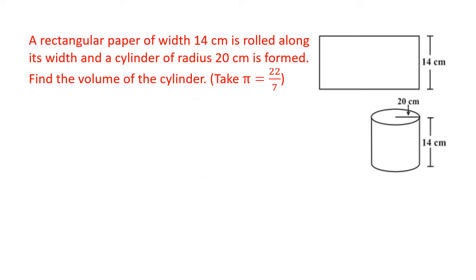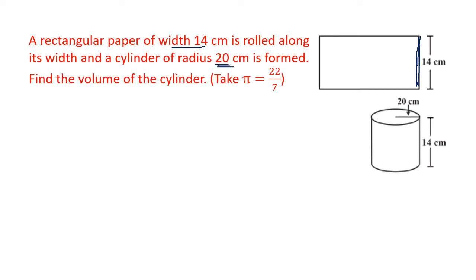Before we go to capacity, there is another sum here. A rectangular paper of width 14 centimeter. So there is a rectangular paper whose width is given here, 14 centimeter, is rolled along its width and a cylinder of radius 20 centimeter is formed.